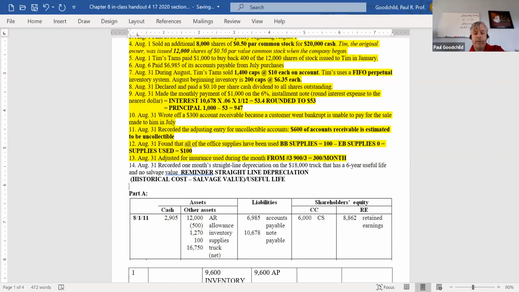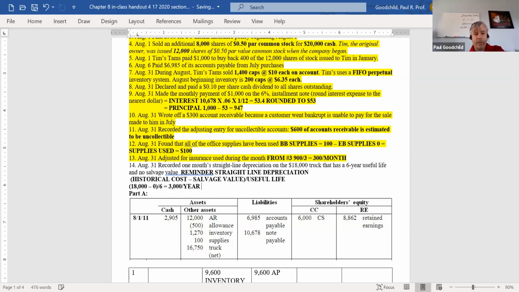And so here we have 18,000 minus 0 divided by 6. And so it's 3,000 per year.